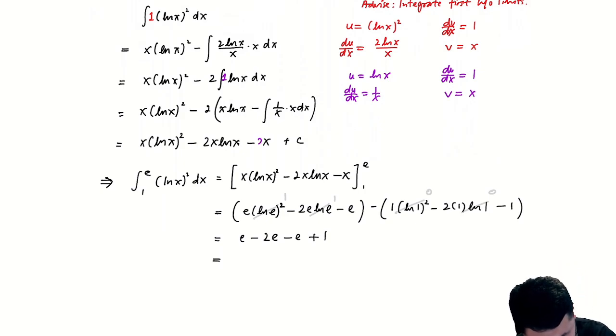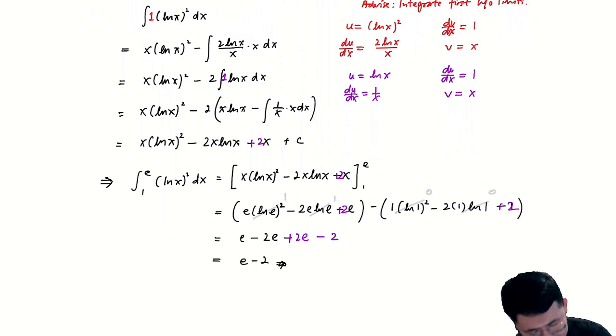I have a 2e over here, 2e over here, and a minus 2. So altogether, this one would be minus 2e, minus minus will be plus. Then at the end of the day, this one at the back over here will be minus 2. So with all of this it will be e minus 2, like that.